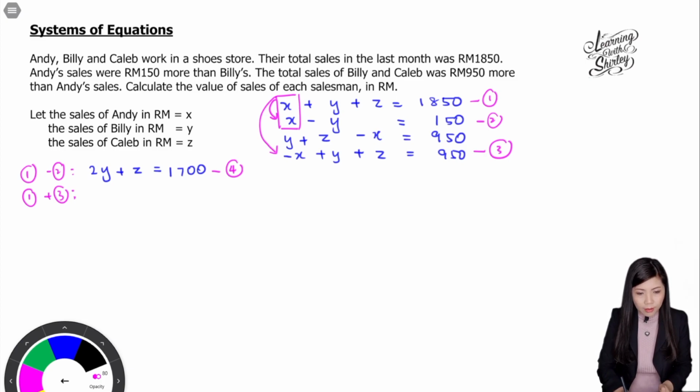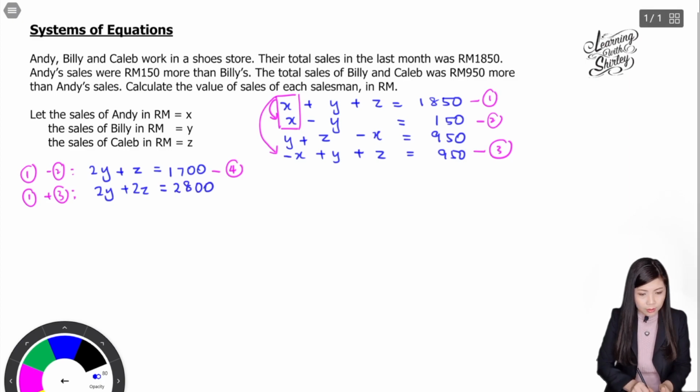Then Y plus Y is 2Y. Z plus Z is 2Z. And then 1,850 plus 950 is 2,800. So this is equation 5.